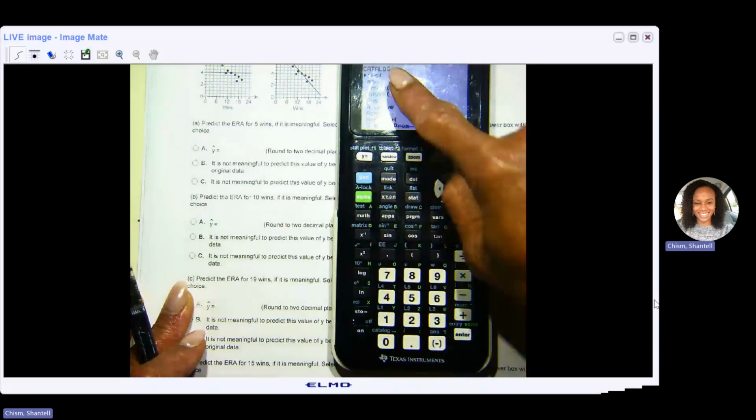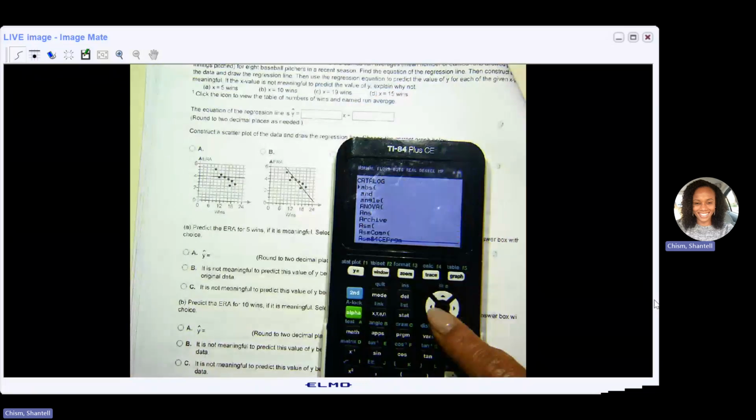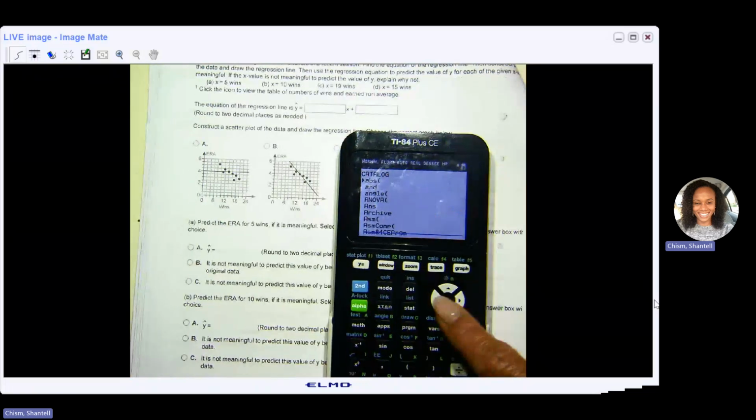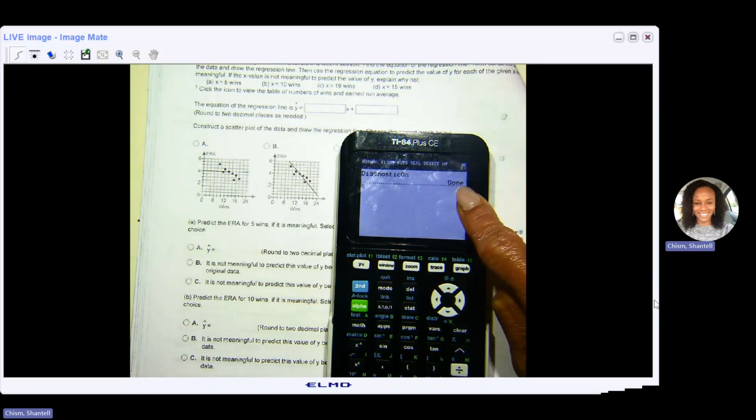That brings us to, in alphabetical order, everything that's on this calculator. You want to scroll down till we see diagnostic on. Okay, there it is. So we press enter there, and then we press enter again to turn it on. It's on now when it says done.